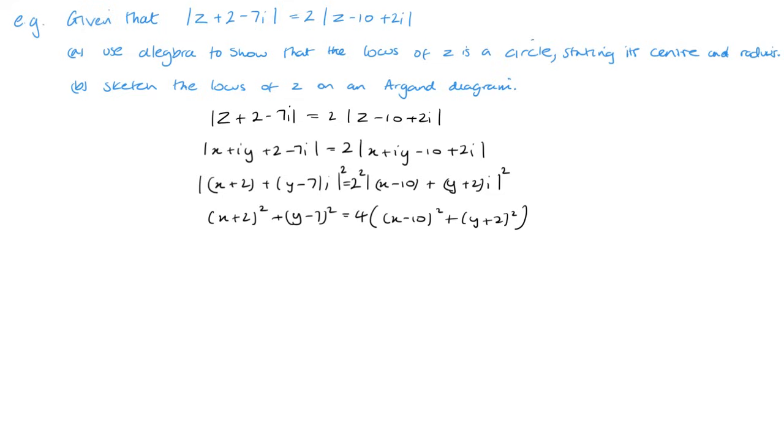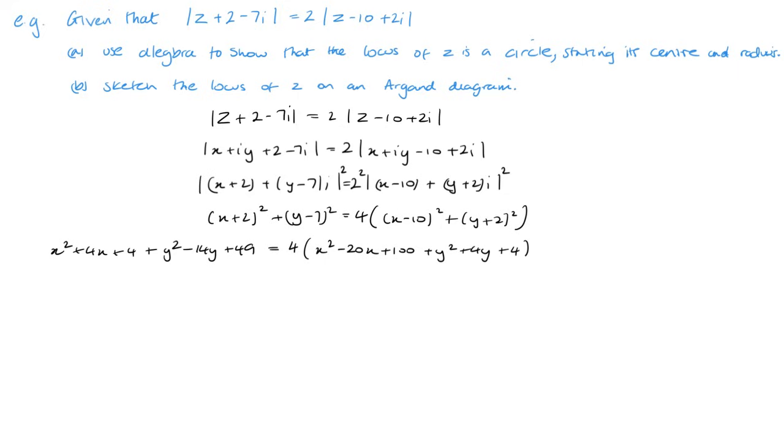So we've got x squared plus 4x plus 4 plus y squared minus 14y plus 49 equals, and then I've got 4 times x squared minus 20x plus 100 plus y squared plus 4y plus 4.